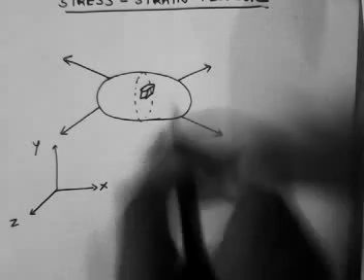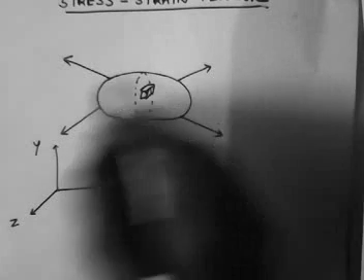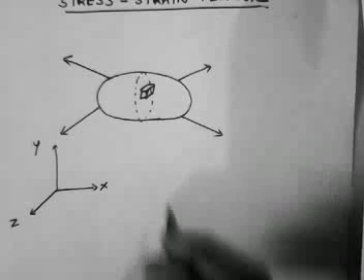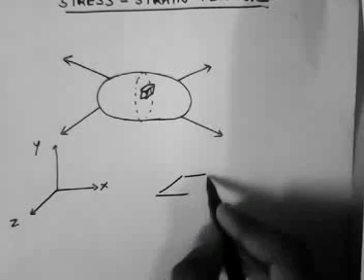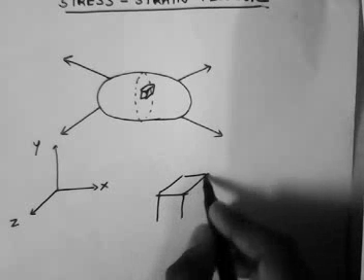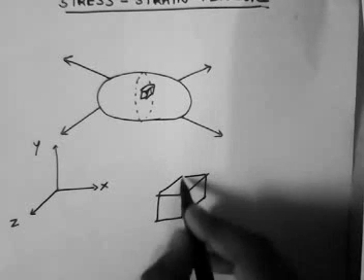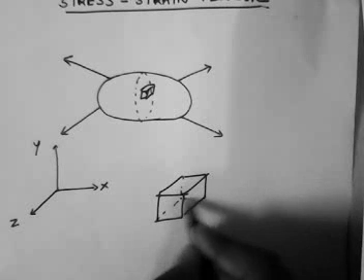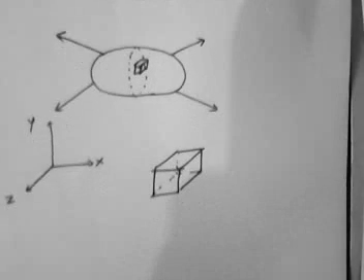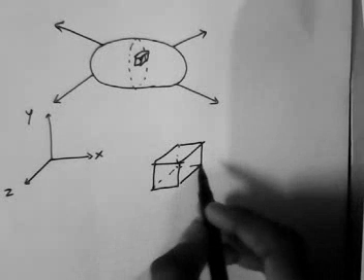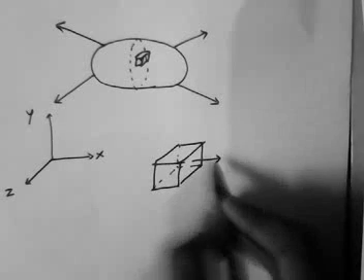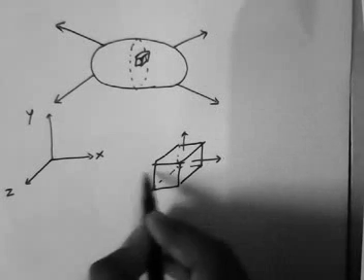As you're segregating this small part from the system, if you consider this segregated part as a block like this, we are considering only the basic forces acting at the surface, that are the normal forces.